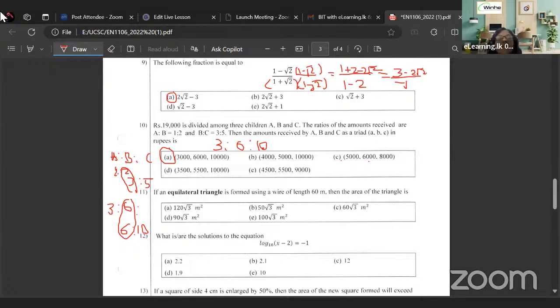How do we find the answer for this one? Question number 11.